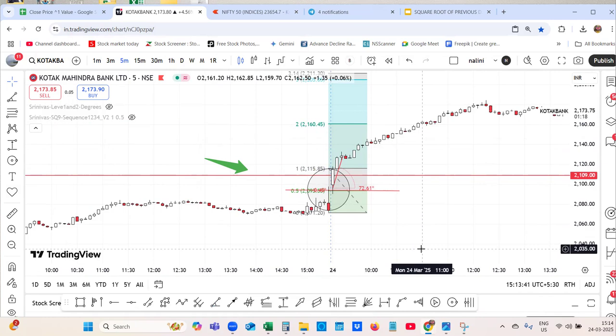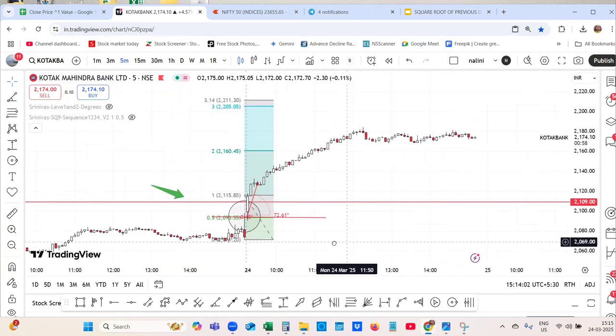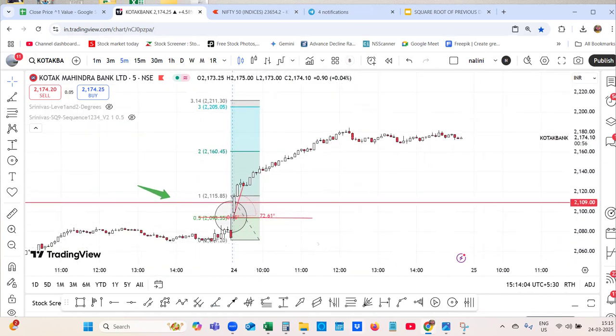Why? It is not subjective. It is based on the mathematical calculations relating to GANN angle, that is 60 degree. Everything has been considered.